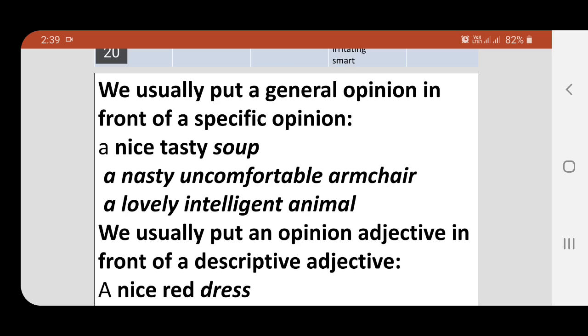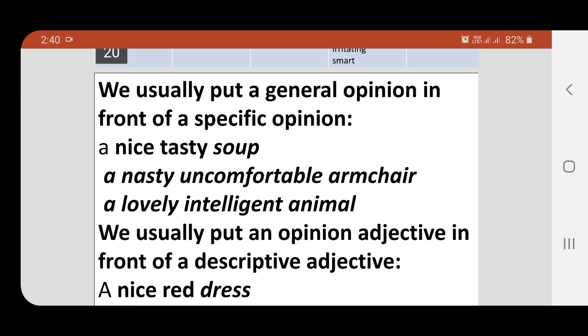A lovely, intelligent animal. Lovely is a general opinion. Suppose you have a pet which is so friendly with you, that means it is able to accept your love and affection, and respond to your love and affection. At the same time, if it is intelligent, suppose you have a parrot, and you make some sound, and it is repeated by the parrot, you will say that the parrot is intelligent.